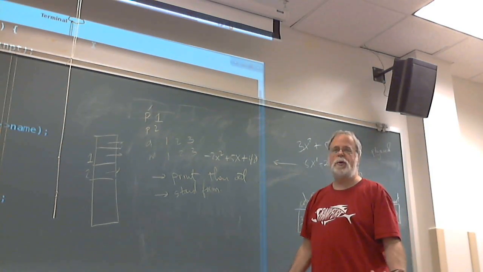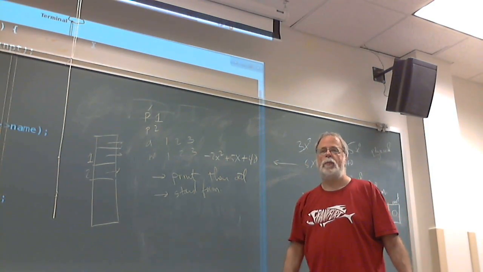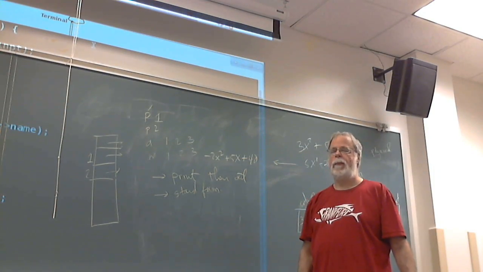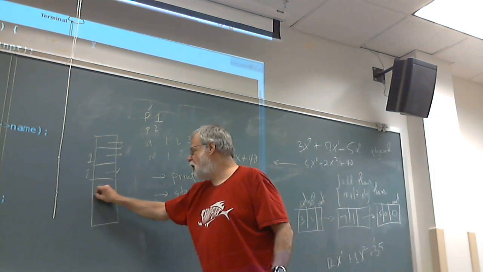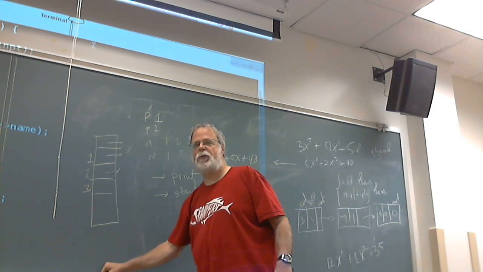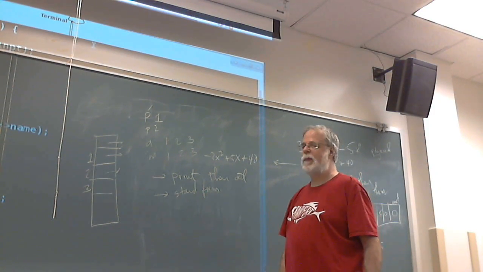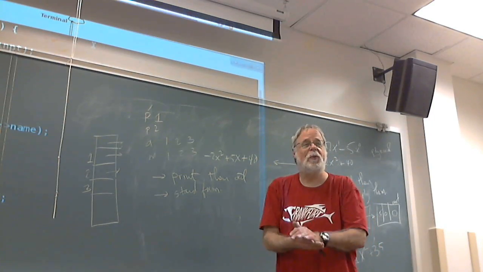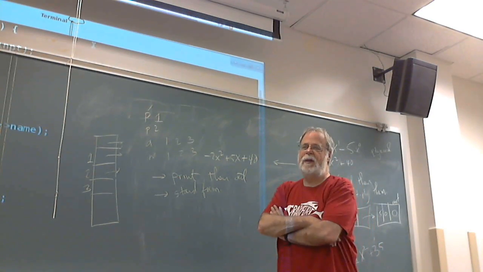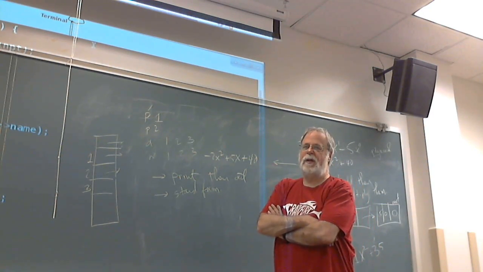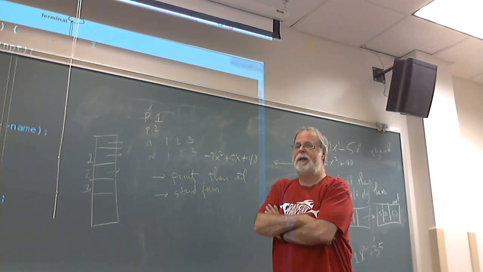So we'll leave 1 and 2 alone, and you specify where to put it. So I'm going to put the result down here at index 3. So this is a proposal, and I'd help you with it.